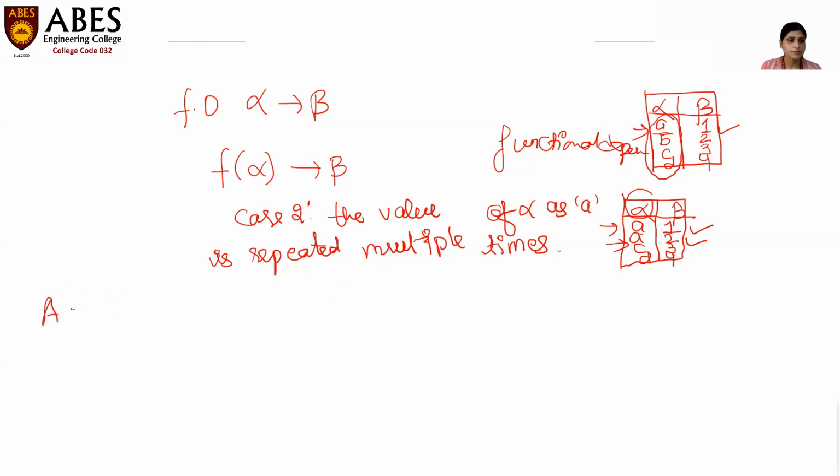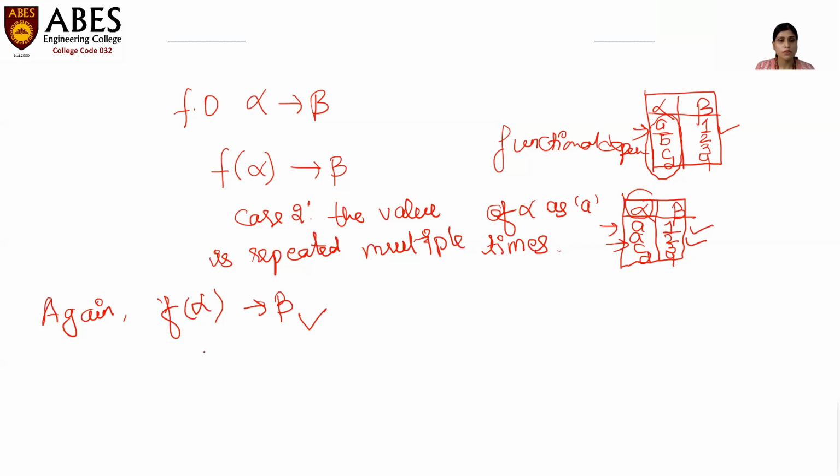So again, as I was considering, if I say that this is a mathematical function from alpha to beta, when we put the value of alpha, we can compute the value of beta.